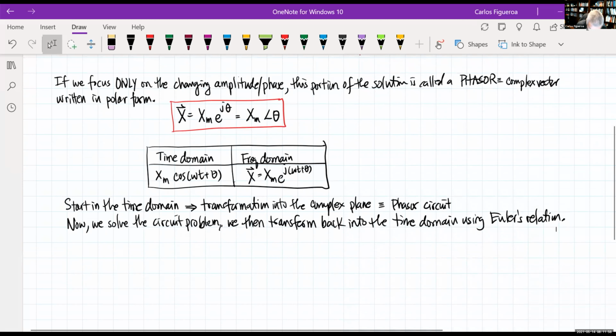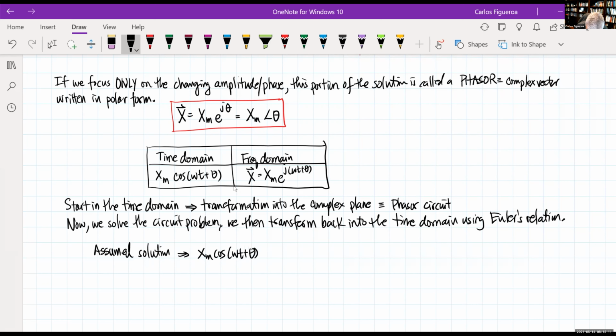So in other words, we have an assumed solution which looks like this. We write this as X_m e^{jθ} in this form, then we transform it into this.